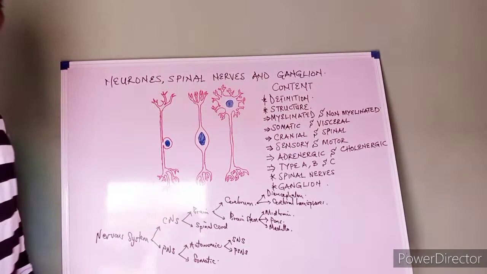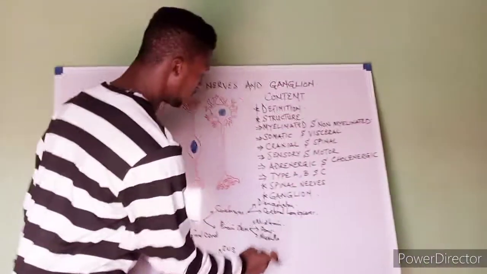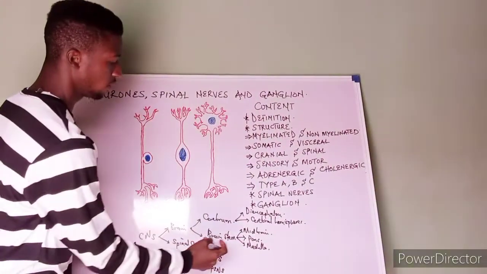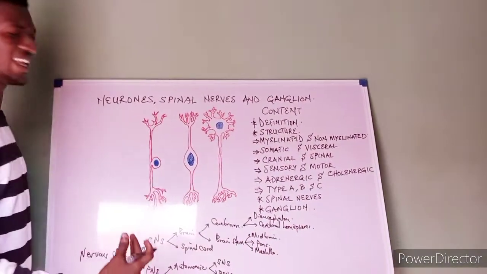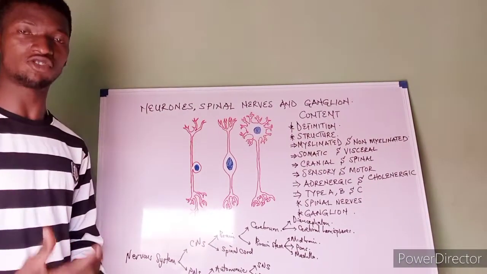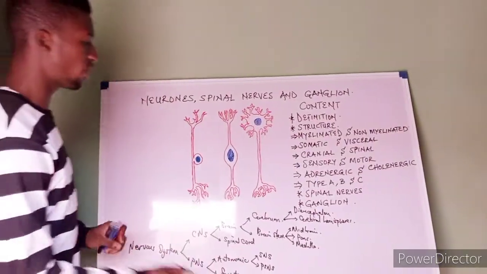Now, something important that you must note here is that from the pons, we have an extra eminence, like an extra bulging from the pons. And what is that extra bulging called?